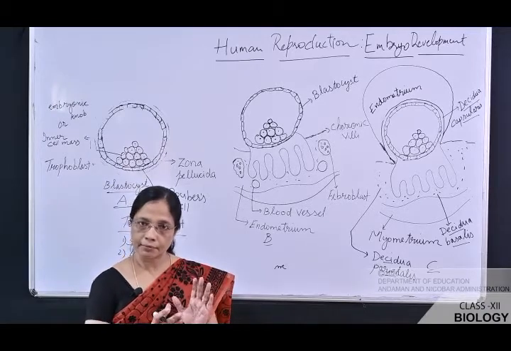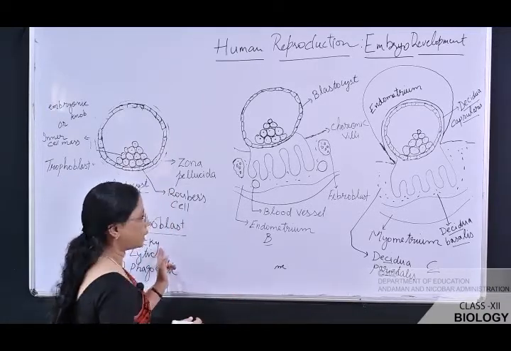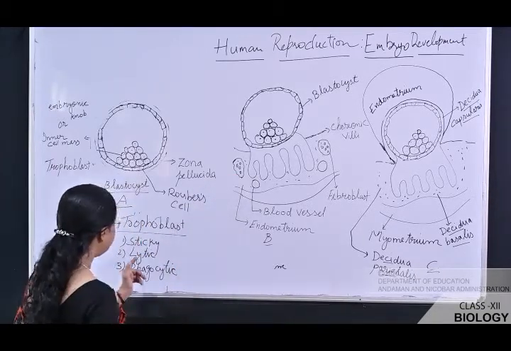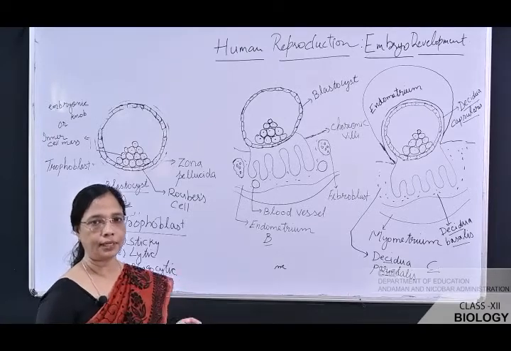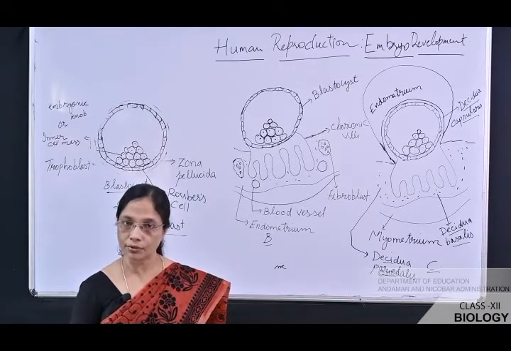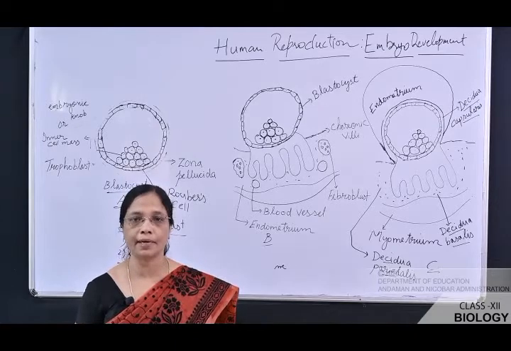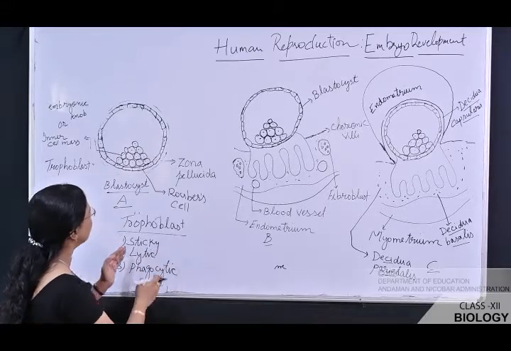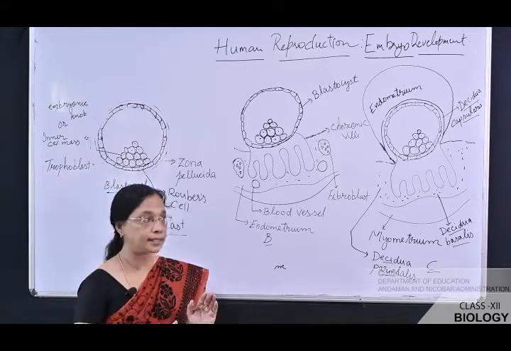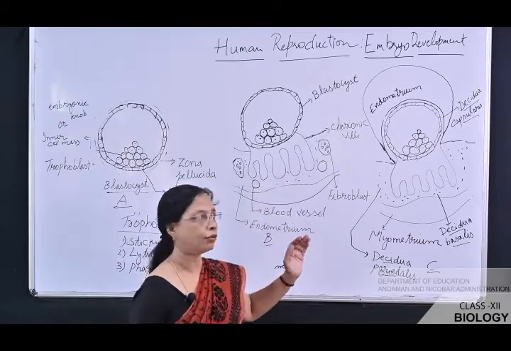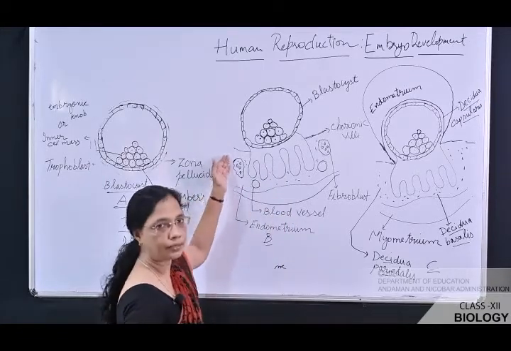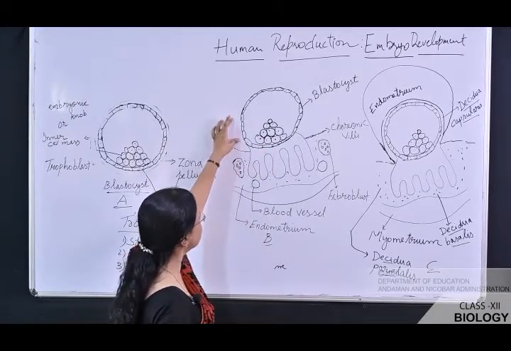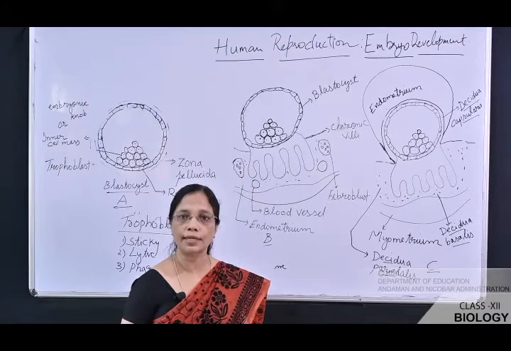They are sticky, that means due to this sticky characteristic feature, they can bind with the endometrial tissue. And lytic, they can break the endometrial tissues. And phagocytic, the broken tissues are engulfed by the trophoblast. So these are the characteristic features of the trophoblast that make them bind with the endometrial tissues. The binding of the blastocyst with the endometrial tissues is known as implantation.